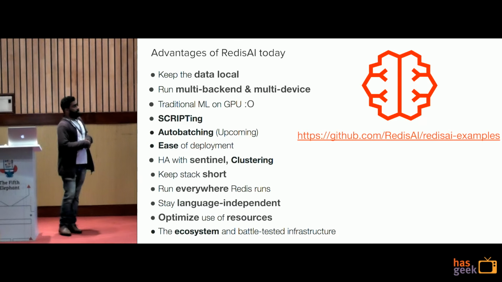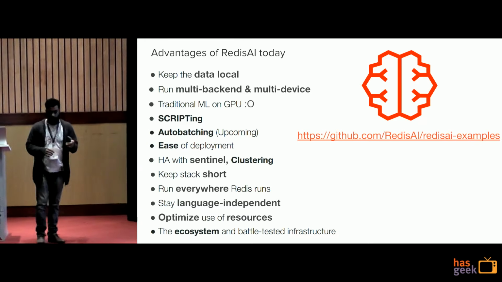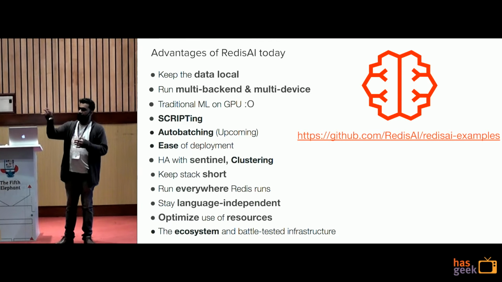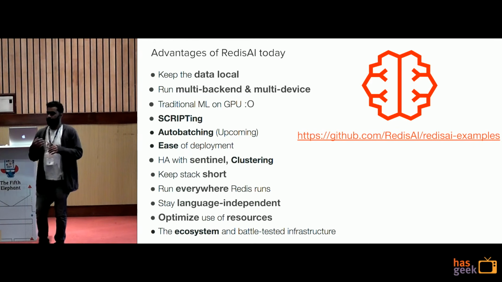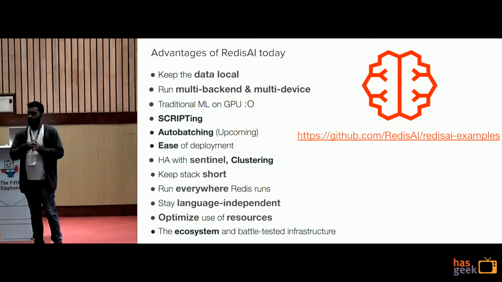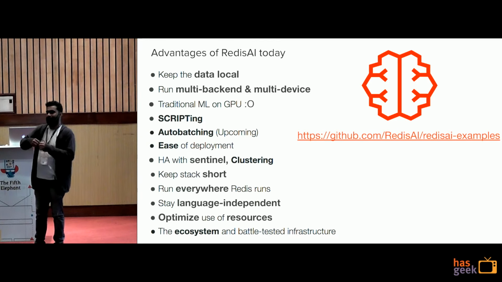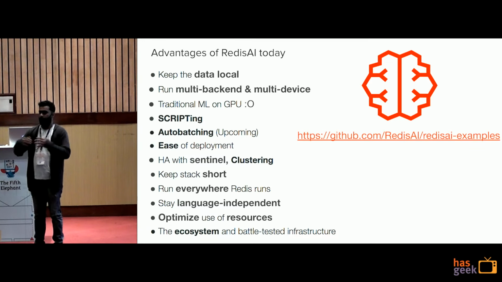Okay. So these are the advantages of RedisAI. The chatbot example you have seen, right? You have the hidden state. Again, in a normal Flask application, what will you have to do? You get a sentence, you convert that probably to indices, then send those indices to your server or your production runtime.